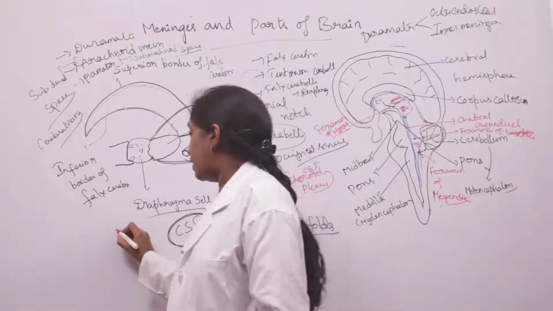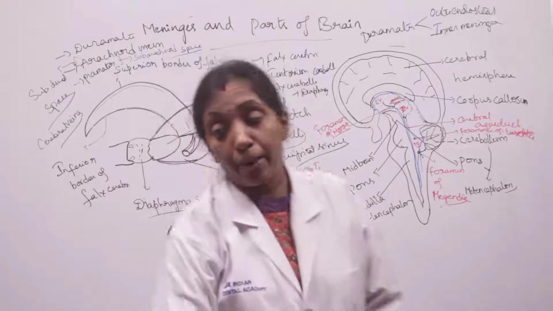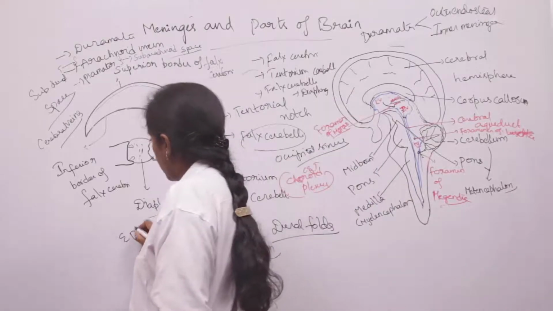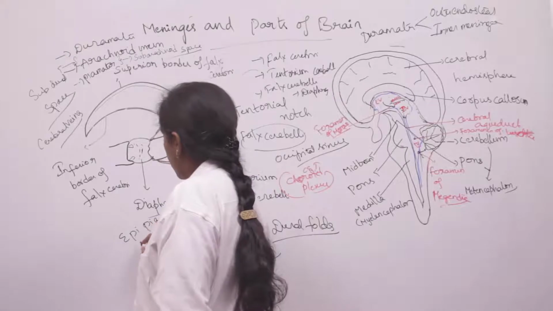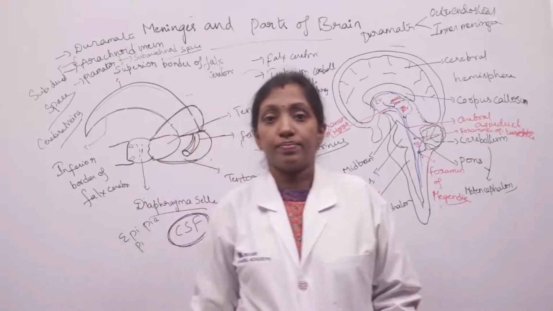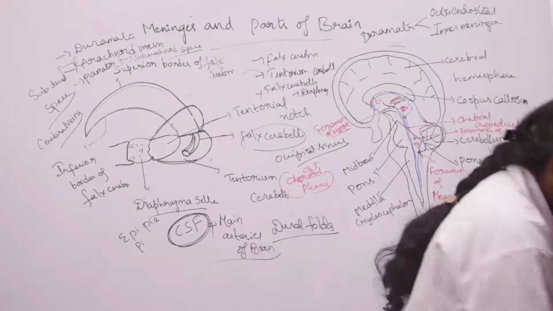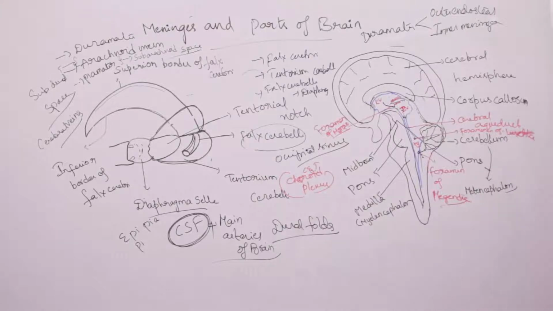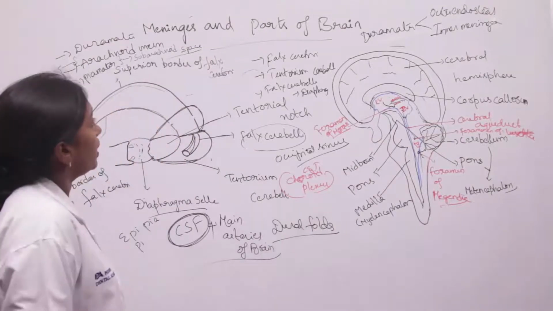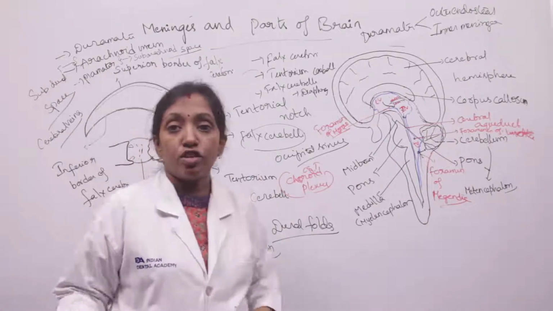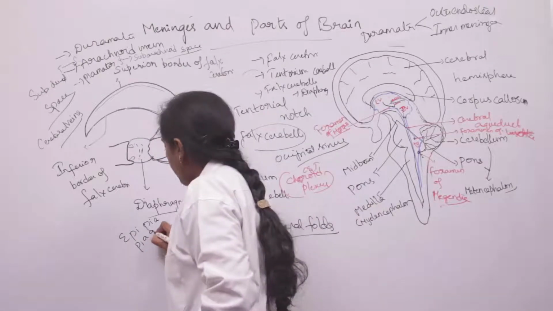The pia mater, the innermost layer, is divided into two: epipia and pia glia.